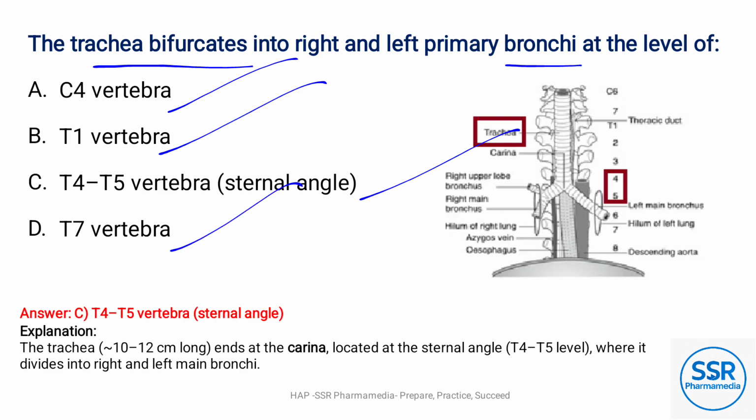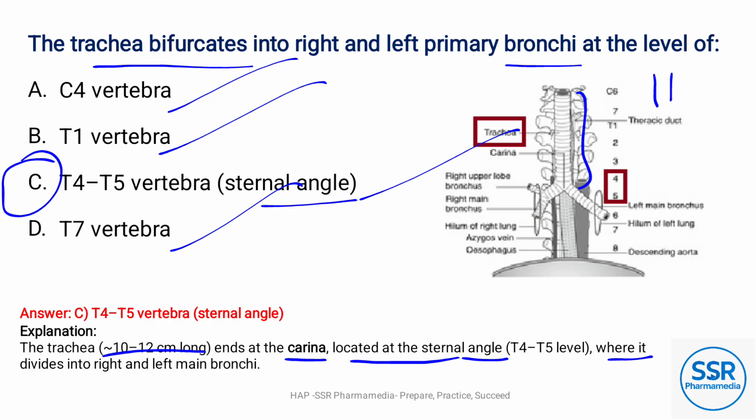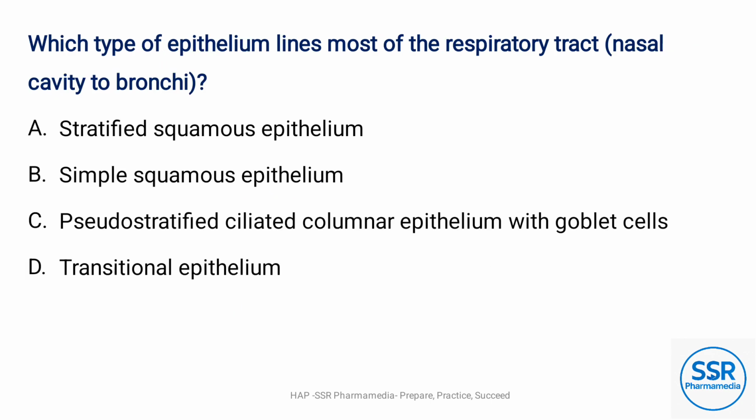So the answer is option C, T4, T5 vertebra, the sternal angle. The trachea is 10 to 12 centimeters long, approximately 11 centimeters, ending at the carina, located at the sternal angle where it divides into right and left main bronchi.